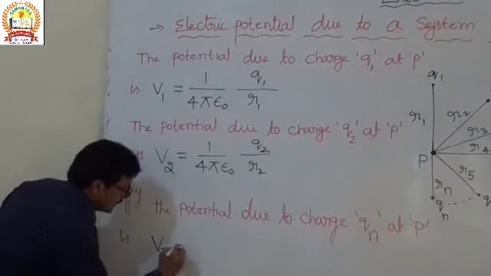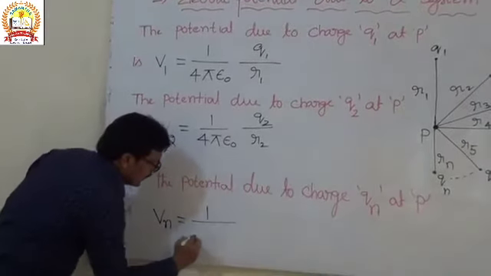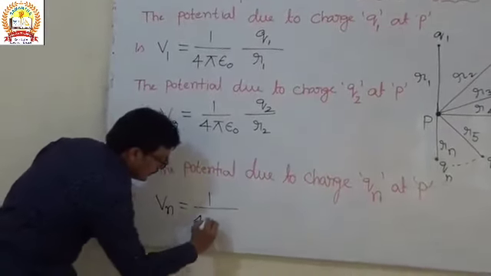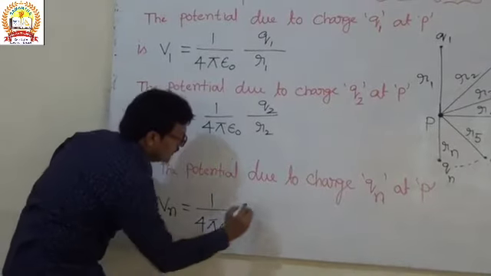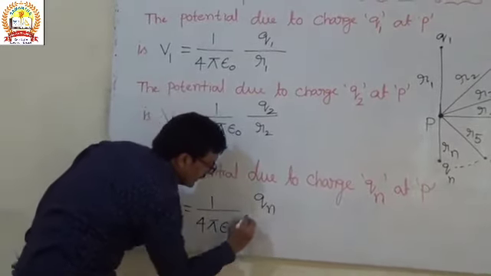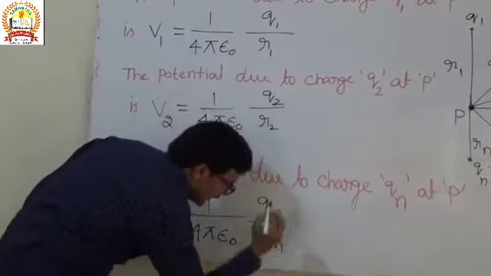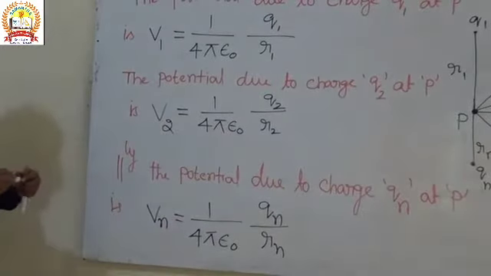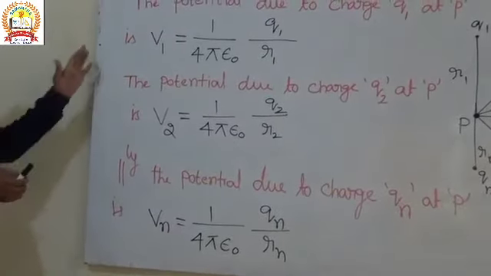Vn is equal to 1 by 4 pi epsilon naught, Qn by Rn. Okay, these are the potentials due to the individual charges.